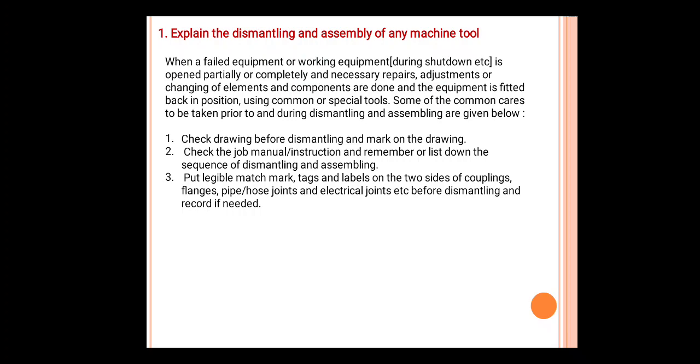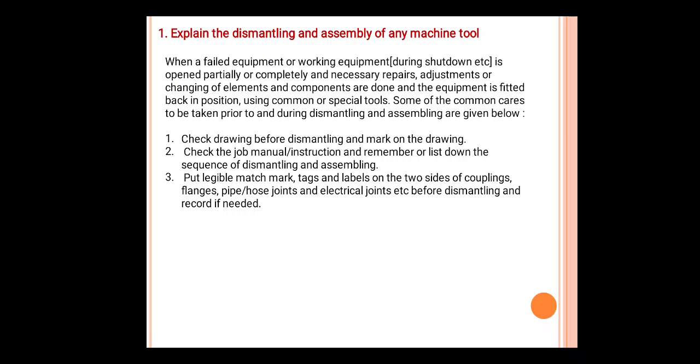When a failed component or working equipment is opened during shutdown, it may be opened partially or completely. When it has failed, we need to repair that part or component, so we have to open it fully or partially.